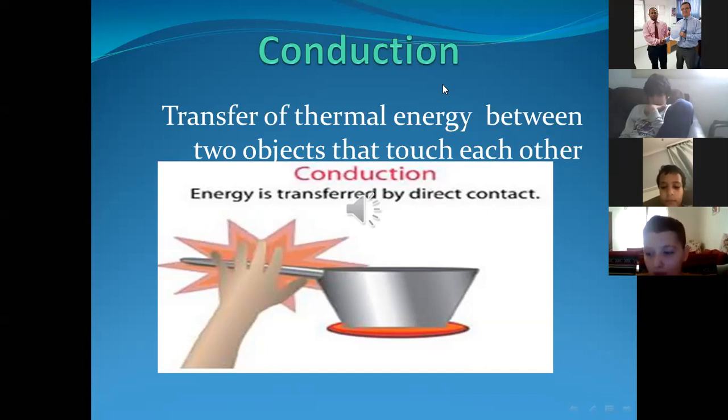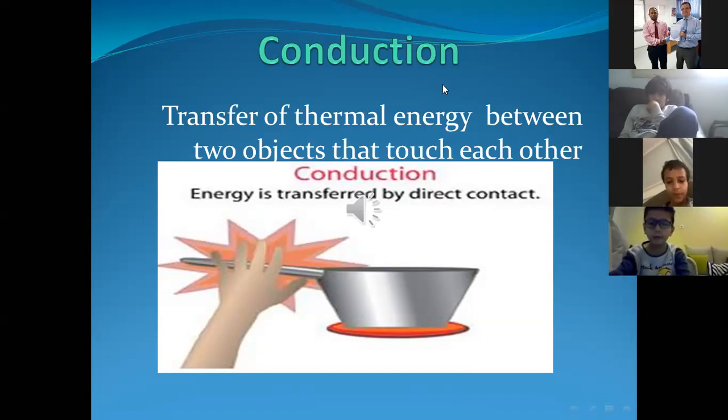Raise your hand. Riyadh, yes. Sir, it transfers from warmer object to cooler object. Yes, from warmer object to cooler object.